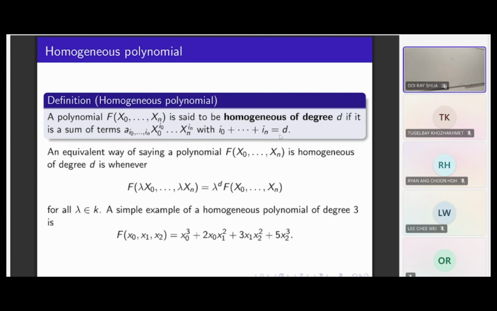One example is this one. You can see that the degree is the same: 1 plus 2, 1 plus 2, and 3. So it's 3, 3, 3, 3, 3. Then you can factor out your scalar multiple lambda to the power 3 times the whole thing. So this is just the definition of a homogeneous polynomial.